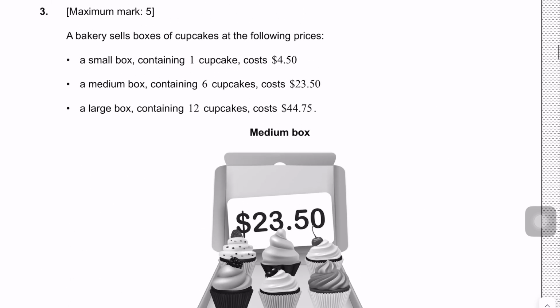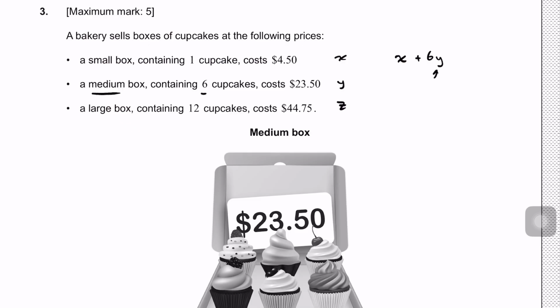So x is a small box, y was a medium box, and z was a big box. So if we sell one small box, we sell x number of cupcakes. And if we sell a medium box, well, in each medium box there are 6 cupcakes. So for every medium box we sell 6 cupcakes. That is to say, if y is equal to 1, we sell 6 cupcakes.